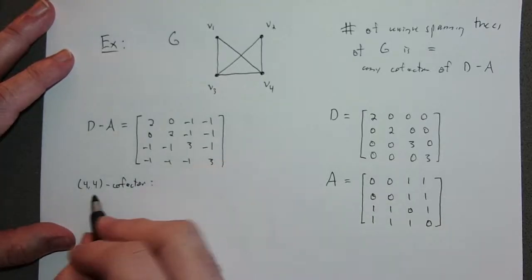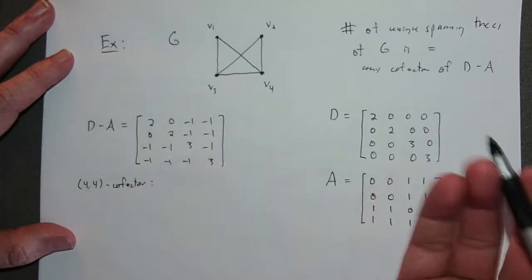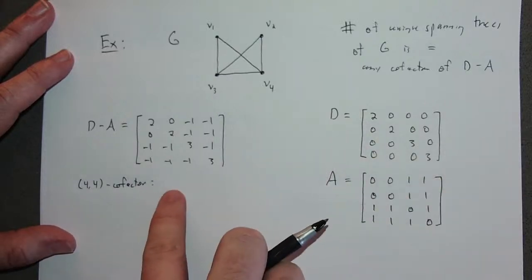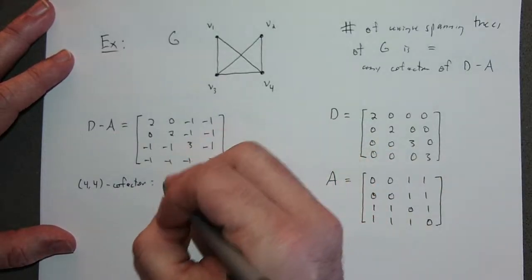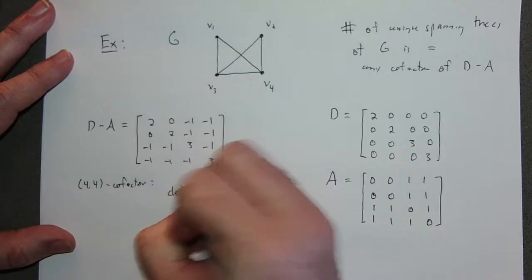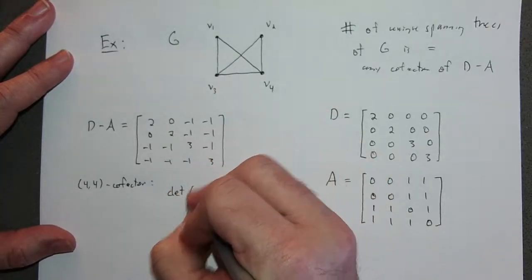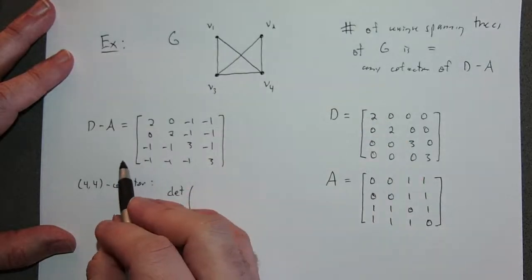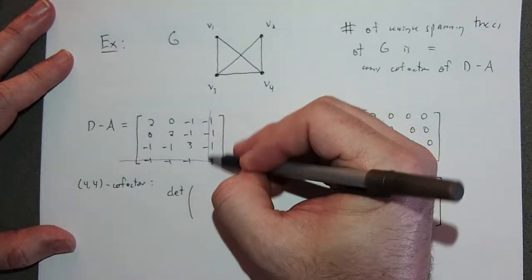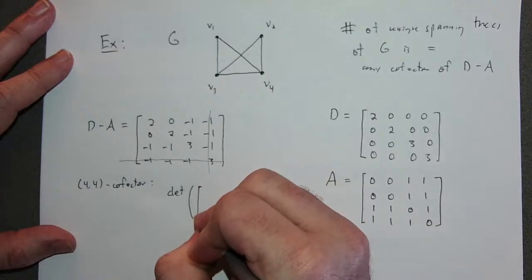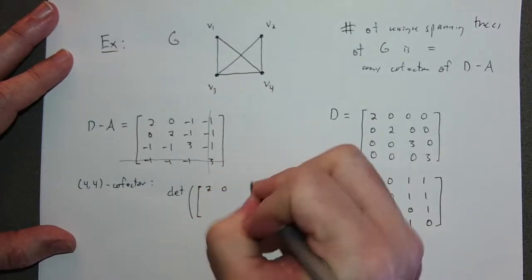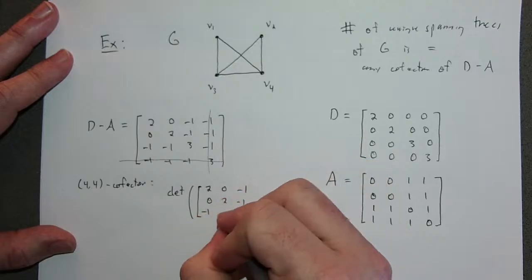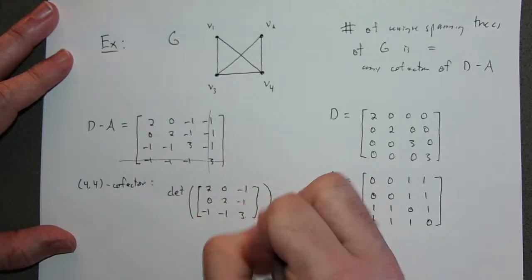This would be minus 1 to the 4 plus 4. That's minus 1 to an even power, so that goes away. I don't have a minus 1 here, and this is the determinant of the 3 by 3 matrix I get deleting the 4th row and fourth column. So it's the determinant of 2, 0, minus 1, 0, 2, minus 1, minus 1, minus 1, 3. It's a 3 by 3 determinant.